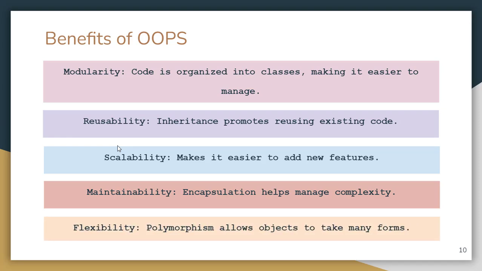Polymorphism allows objects to take many forms. That is, we can redefine a function in a different way more than one time. This is called polymorphism. Polymorphism is one of the great benefits of object-oriented programming languages.